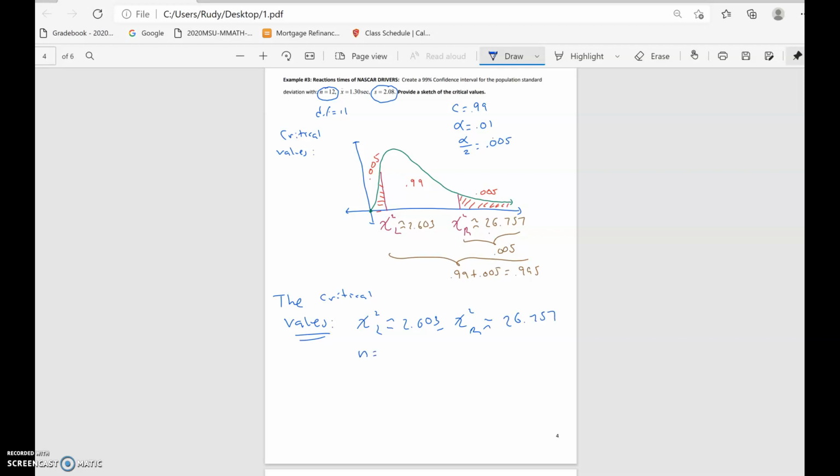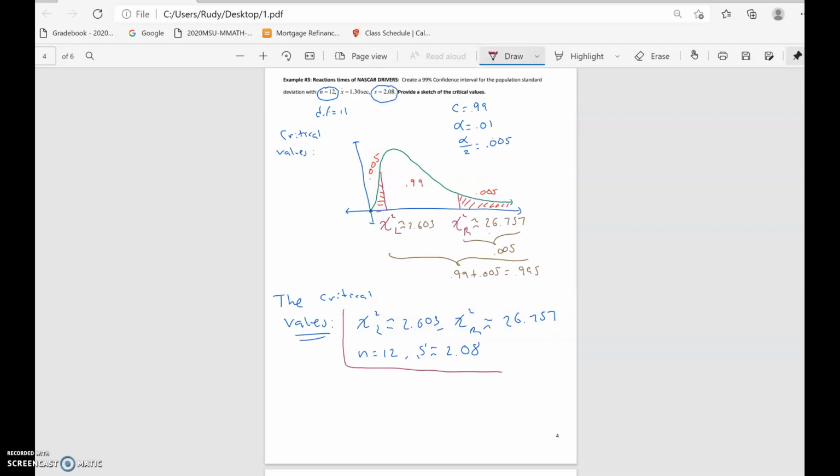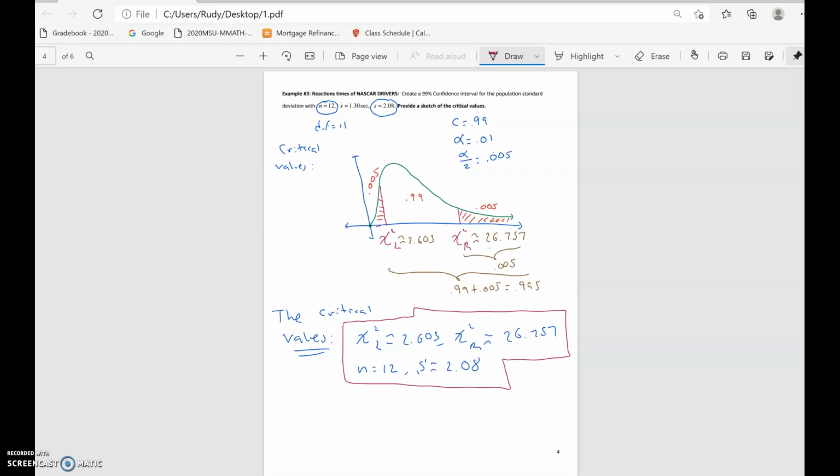And we're going to be evaluating n equal to 12, and the standard deviation of this one to be 2.08. All of this information we're going to evaluate into the confidence interval. The first portion is just to find the approximate critical values that we're going to be using. Let me pause here for a minute, and then we'll move on to the calculation.